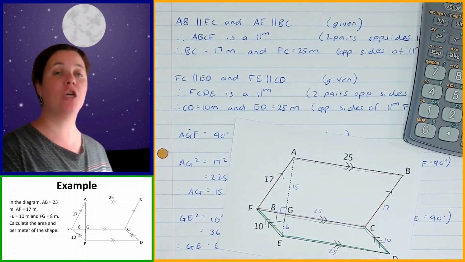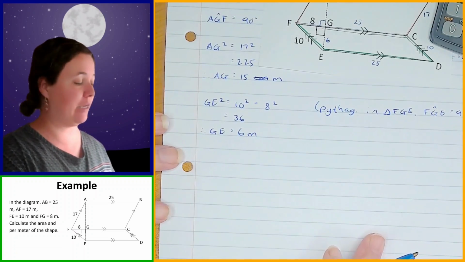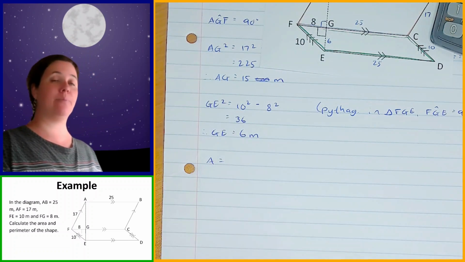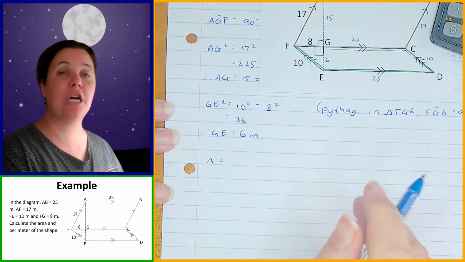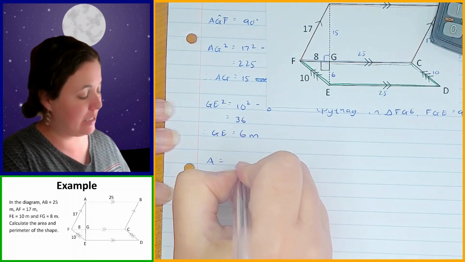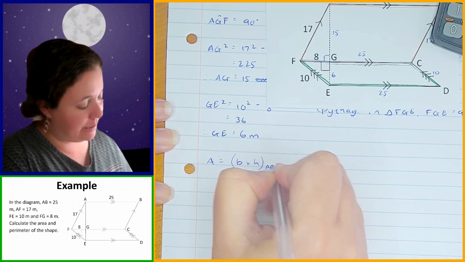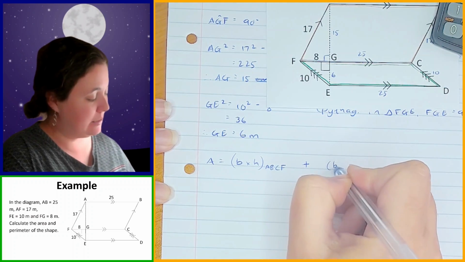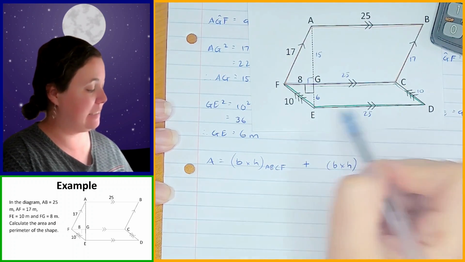Okay, so now I've got those two distances over there. Now I'm set up to work out the area. I'm going to work out the area of each parallelogram and add them together. So to work out the area of parallelogram ABCF, I'm going to work out base times height, so base times height of ABCF plus base times height of parallelogram FCDE.